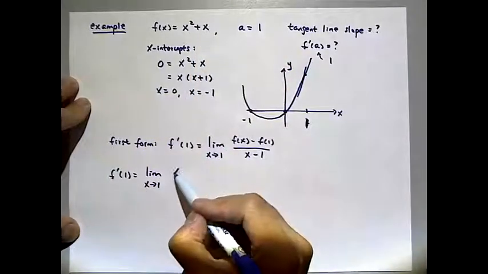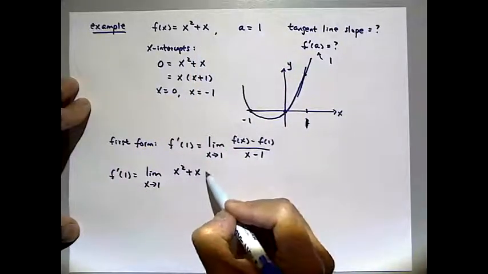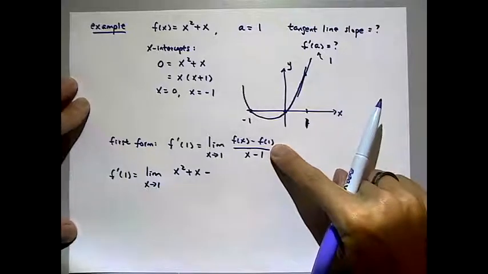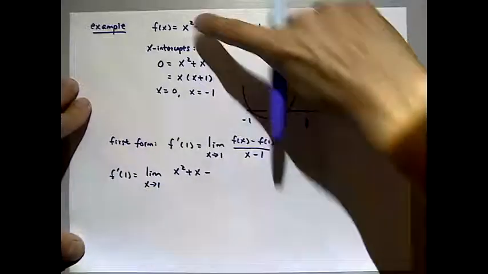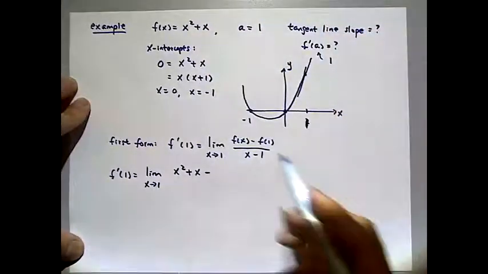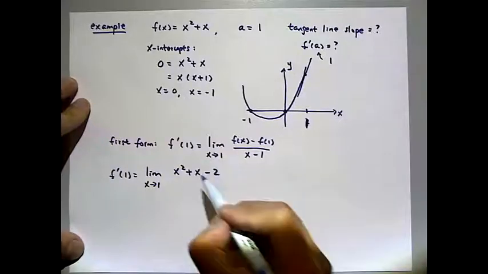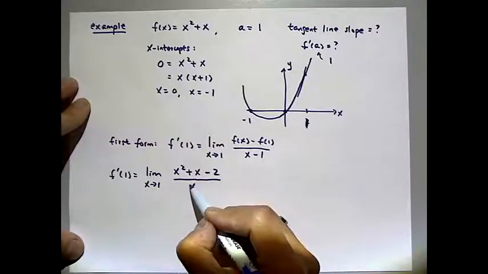Simple. x squared plus x, minus f of 1. That's also simple. If I plug in a 1, I get 1 plus 1, I get a 2. So this thing sits up there. Downstairs is x minus 1.